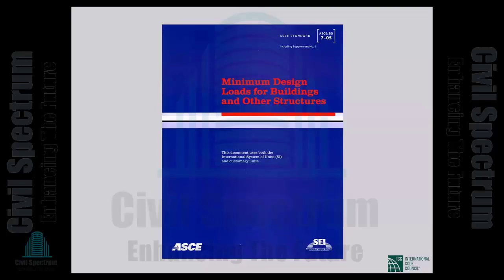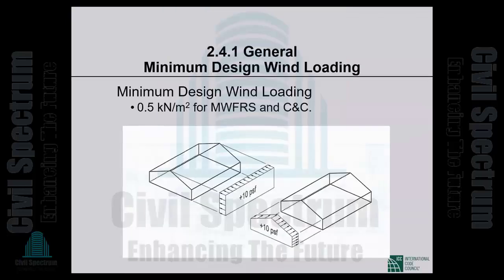Most of the time it's exactly the same, but there are some twists and quirks. One of which is that exposure categories B, C, and D of ASCE 7 are A, B, and C of BNBC 2020. Okay, there are some other little things, but not a whole lot.